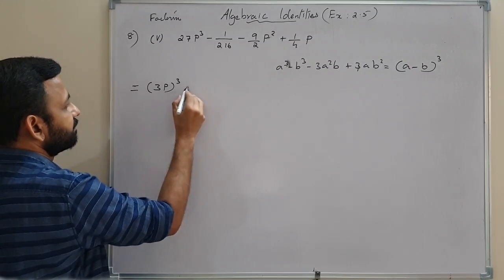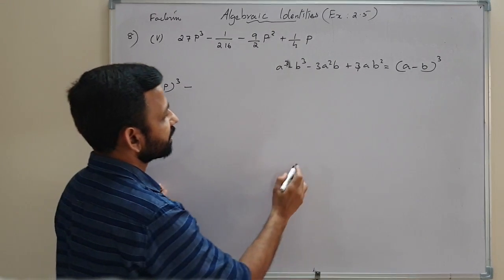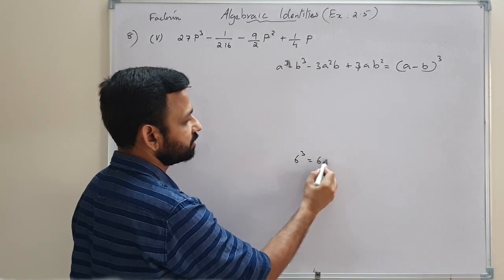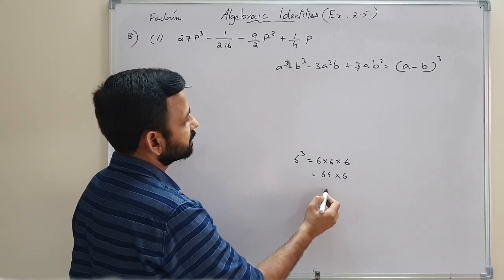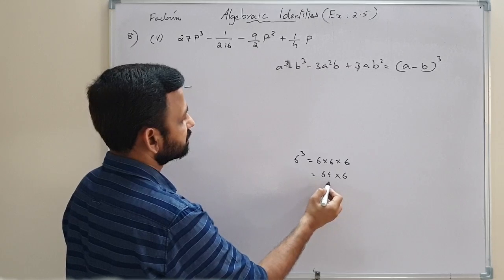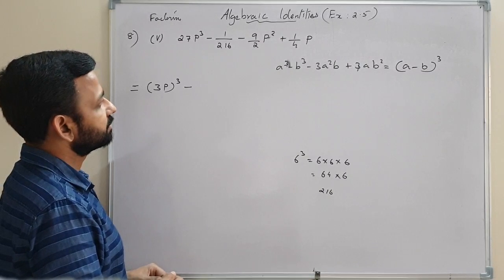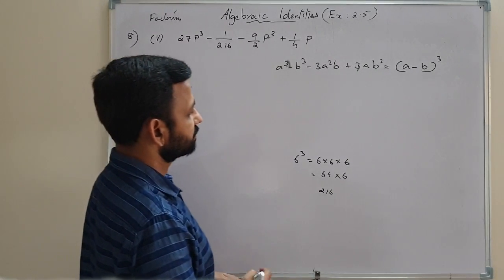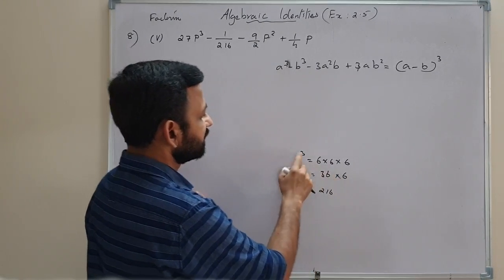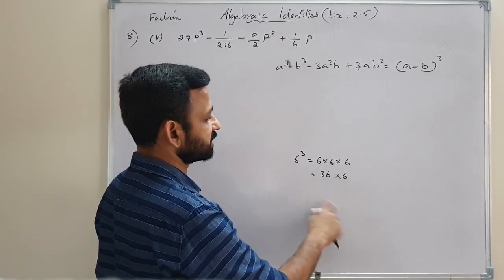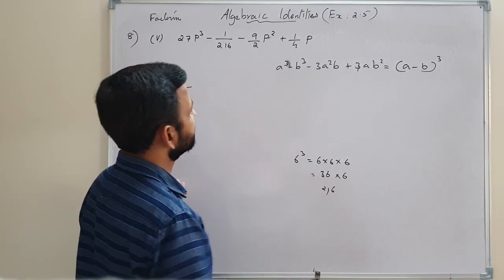Then we need to find the second term, 216. 6 cube is 6 into 6, 36, 36 into 6, 216. Yes.